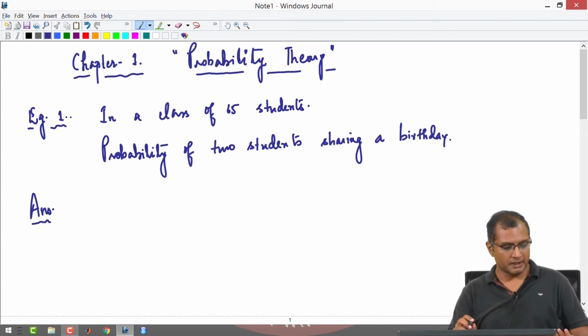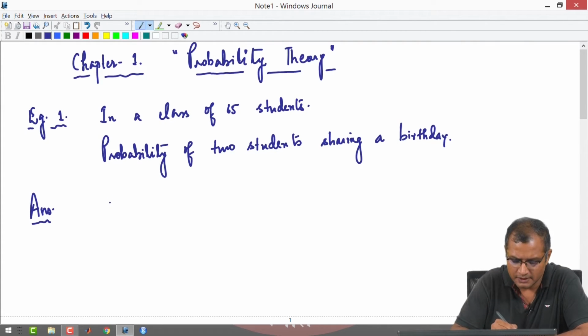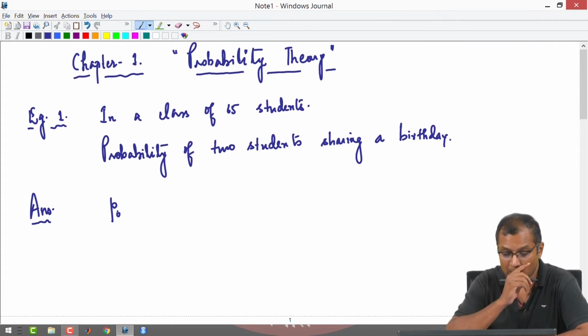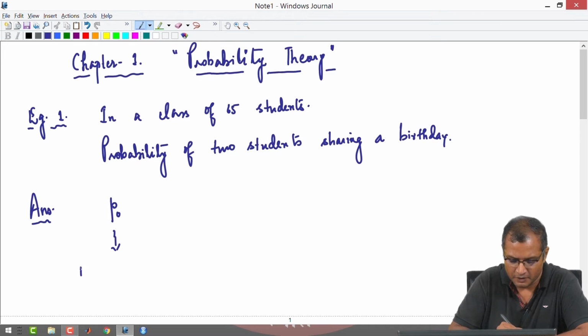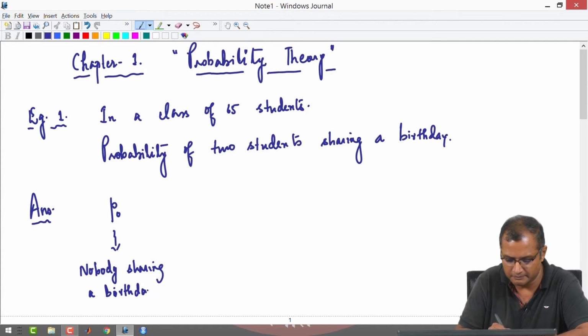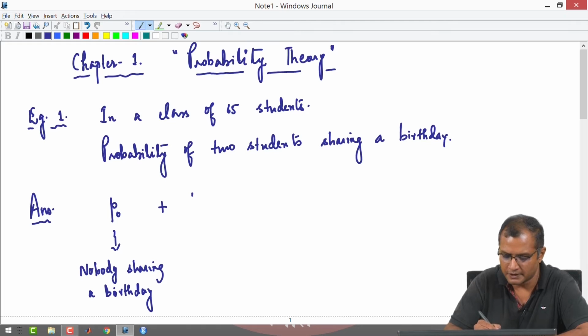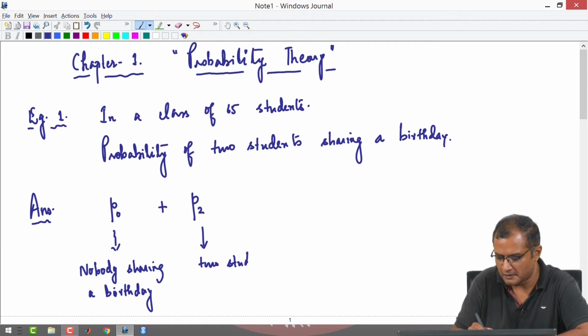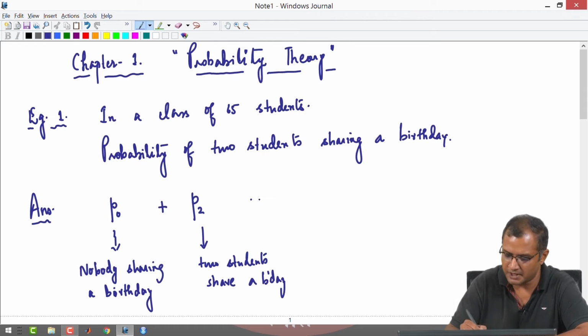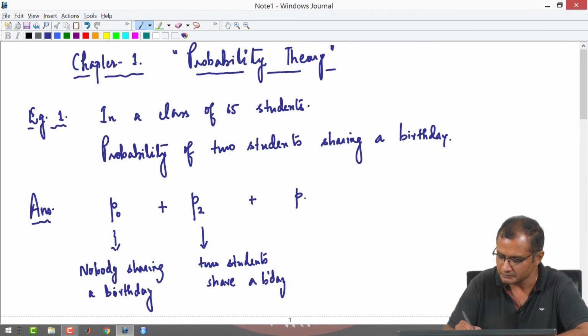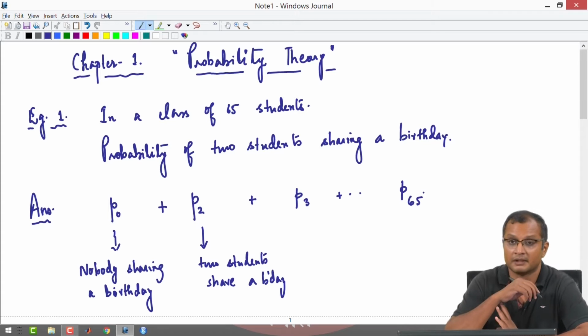Okay. So, this problem can be done objectively, in the sense that you can say that, let us say you have P0 as the probability of nobody sharing a birthday, which means all the 65 students have different birthdays, plus you say two of them share a birthday, and this way you take 3 of them, 4 of them, so on, all the way to, let us say, all 65 of them sharing their birthdays.